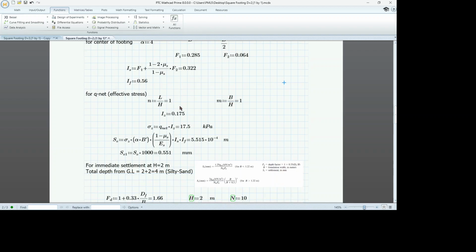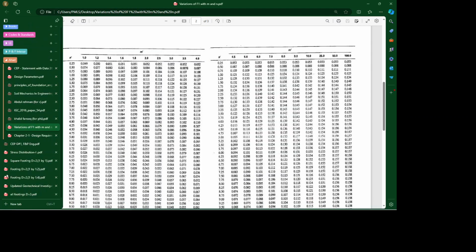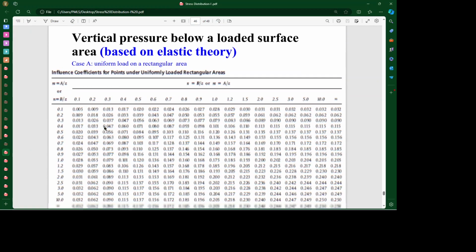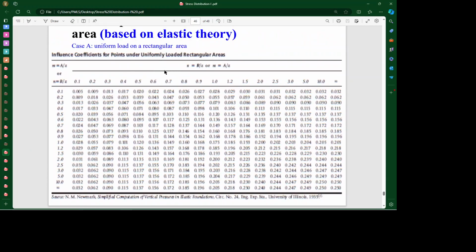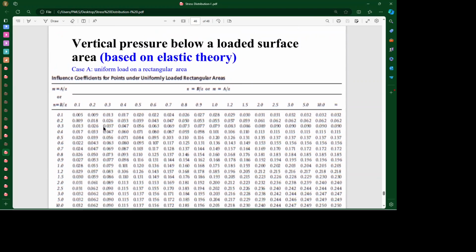So for this we use the concept from Geotech 2 to calculate the effective stress, that is sigma z is equal to q net times the influence factor IZ. I influence is a depth influence factor that comes out from this table, corresponding to N and M. We will calculate the I4, which is IZ.